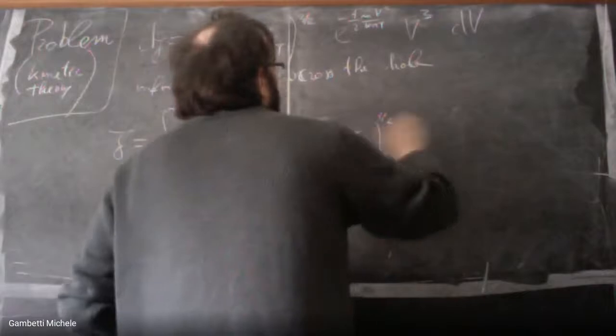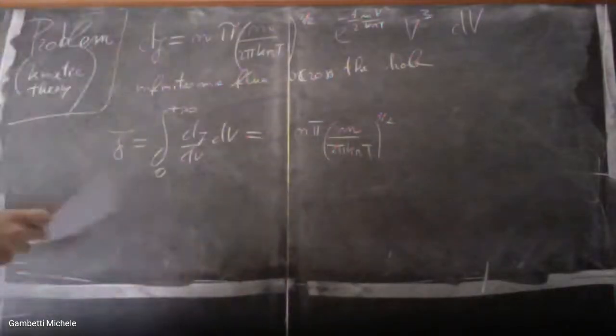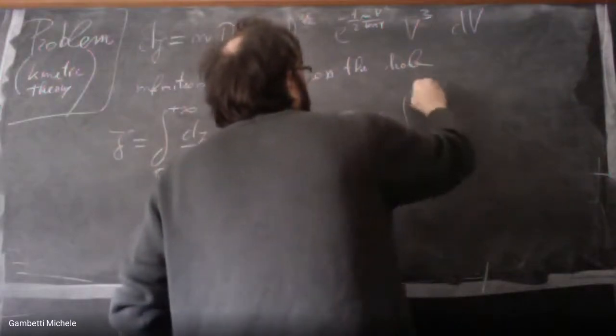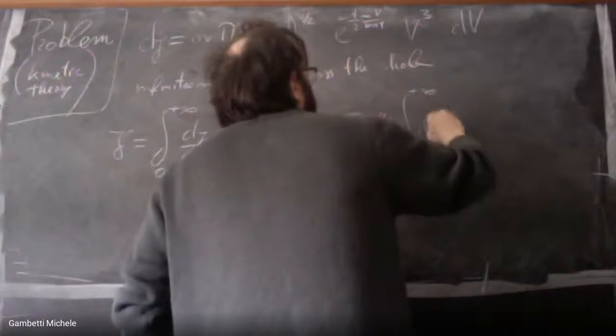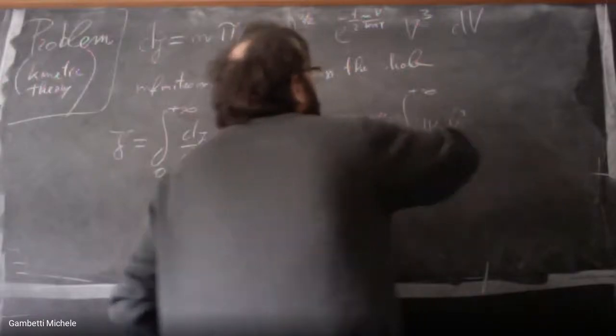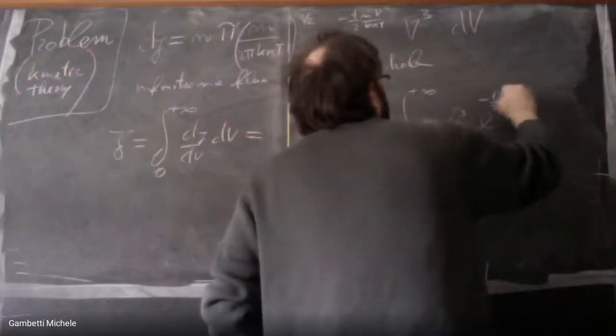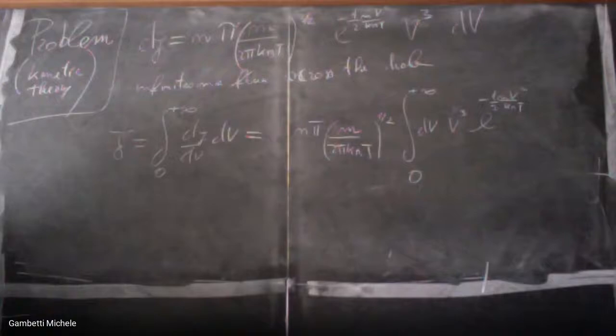Then I just have the integral now of v cubed: the integral from 0 to plus infinity of dv v cubed exponential of minus m v squared divided by 2 kBT. And that's it, right? So the coefficient is there.